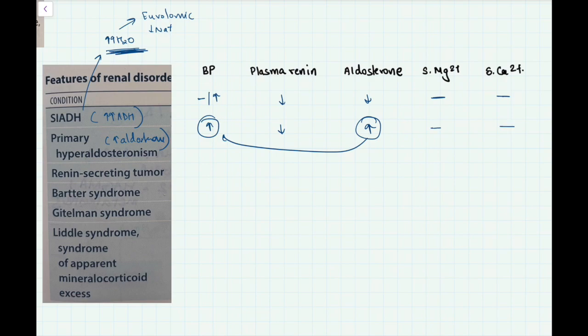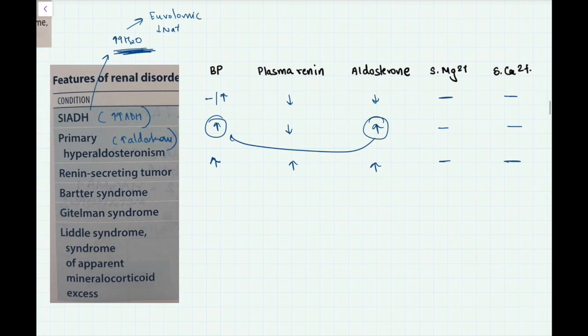Renin secreting tumors of the kidney lead to an increase in plasma renin secretion, thereby increasing the aldosterone levels and causing an increase in the blood pressure, while no effect is seen in the serum magnesium and calcium levels. In Bartter syndrome, there is a diuretic effect because it mimics a loop diuretic, right?